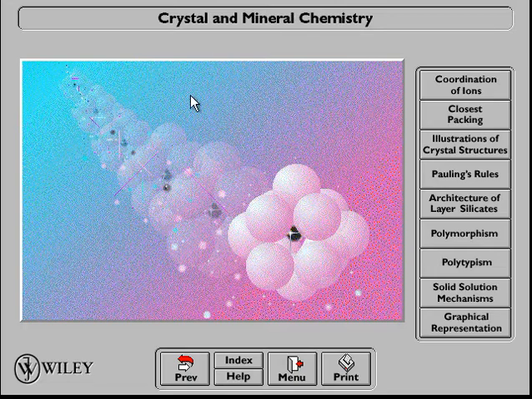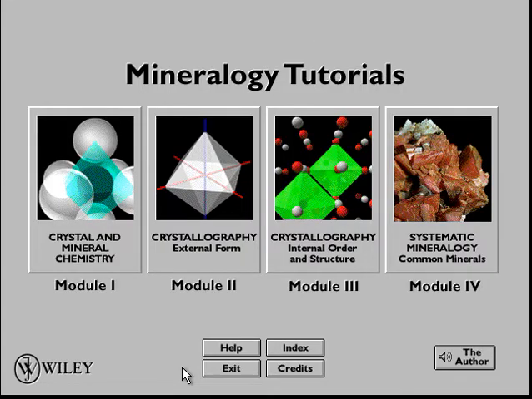So therefore we can now go again to previous, and we are going now to module number 2. Module number 2 is entitled Crystallography, External Form.